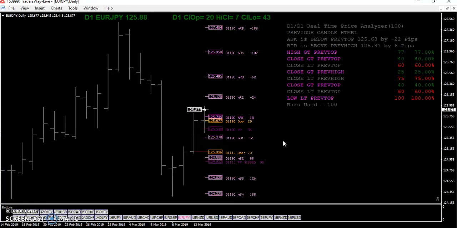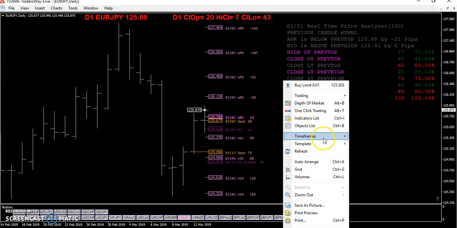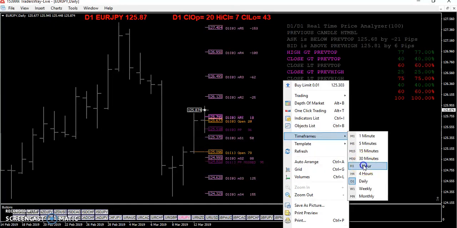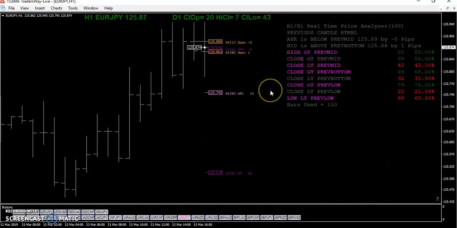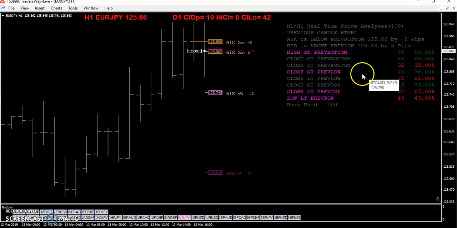So when you're trading, you can look at this and you can drop it down to different time frames. I don't remember if I have that. See, on H1, you can really get in and pinpoint your trade.